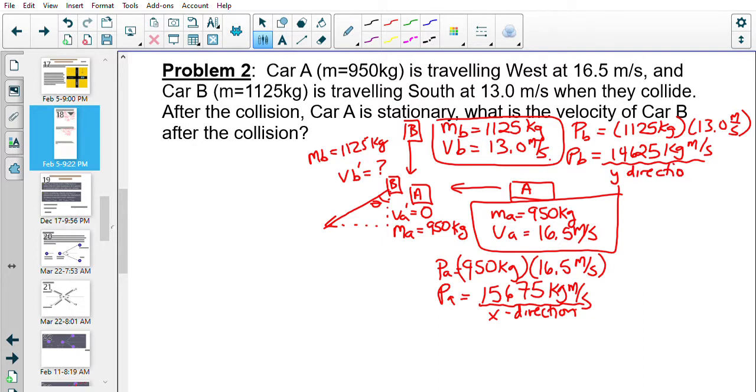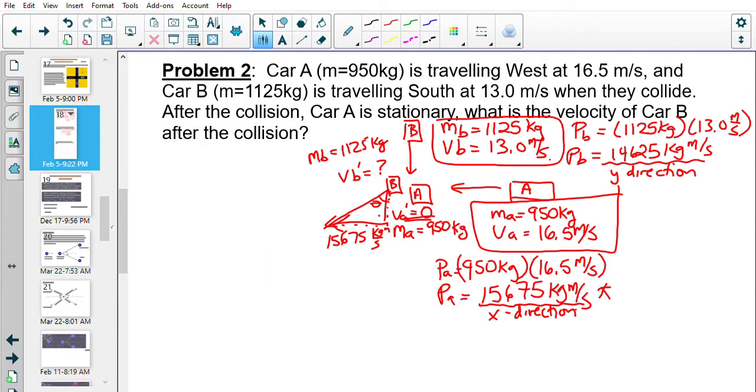So now my total x before equals my total x after. Object A doesn't have any momentum, so it's all transferred to object B. So object B gets the entire 15,675 kilogram meters per second.